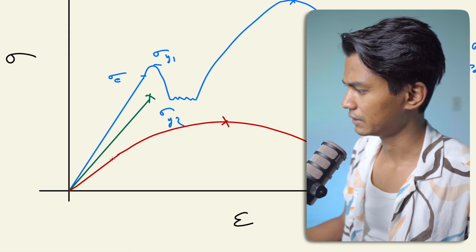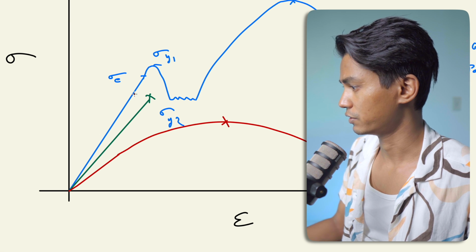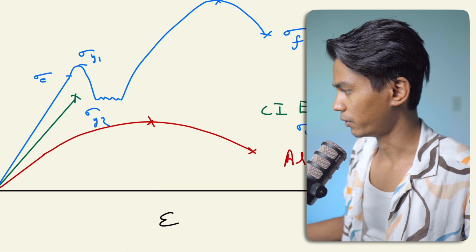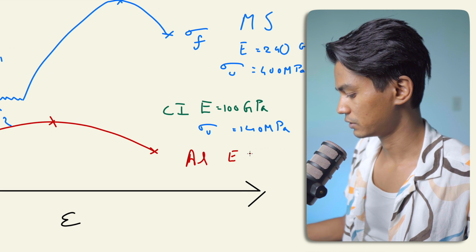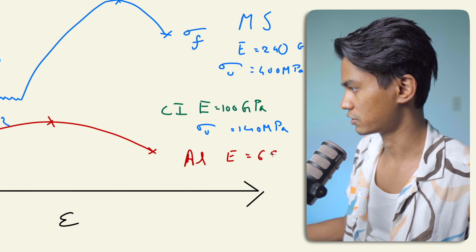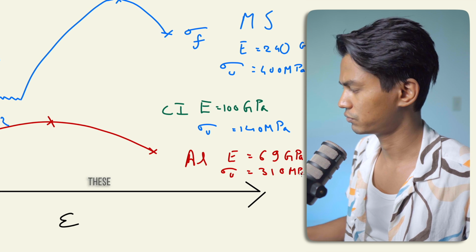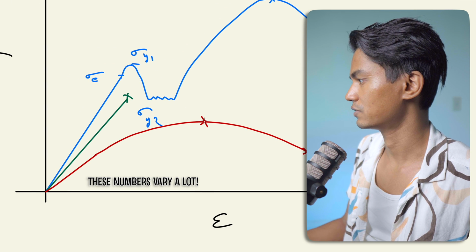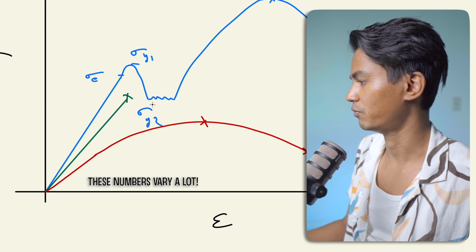But this is again your stress-proportional-to-strain region, and for aluminium, your E, Young's modulus, comes in the range of 69. Ultimate stress is 310 megapascal. And it does not really fit well, because if this is 310 megapascal, this cannot be 140.